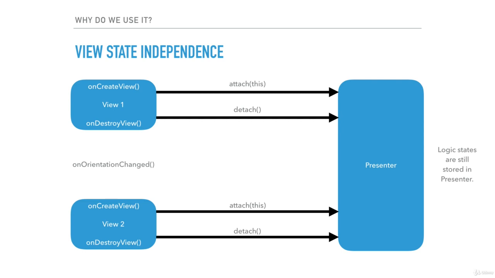The presenter still knows, okay, our current equation was 1 plus 1, our current outcome was 2, and can tell the view, okay, here, just display this outcome, display this equation. So the presenter is storing all logic states, and it's not depending on the views. We can just destroy a view and attach a new view. This is no problem. The presenter still stores all logical states.